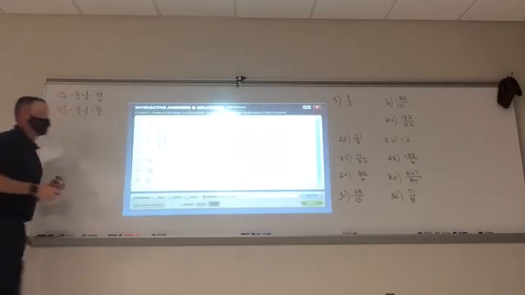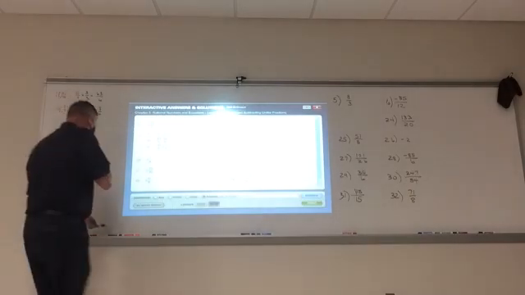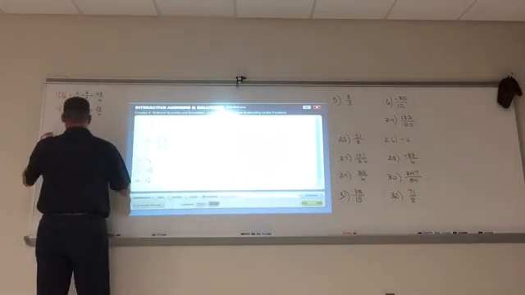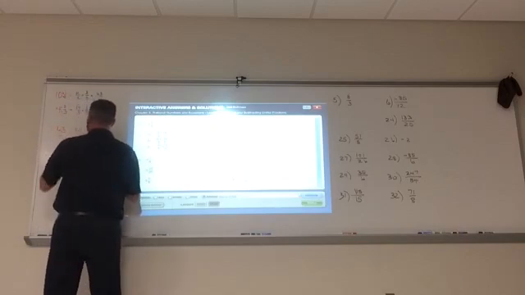That's part B. And part C says, find the difference. Take how much the board originally weighed and subtract how much the board now weighs. That's going to tell you how much water evaporated out of that. So I'm going to have 63 over 6, and we're going to subtract 28 over 6.